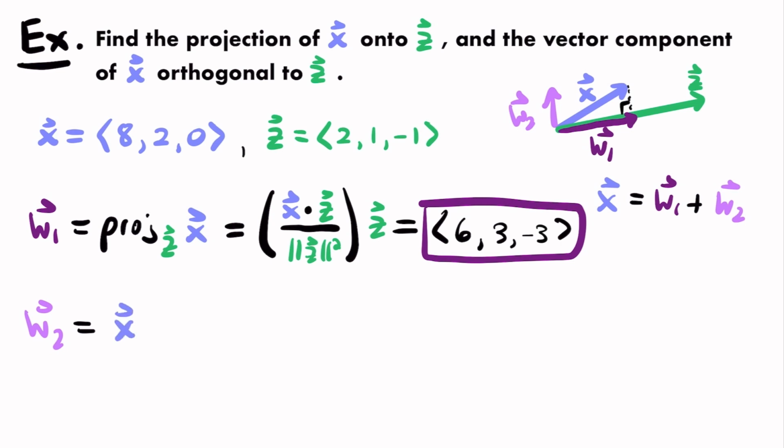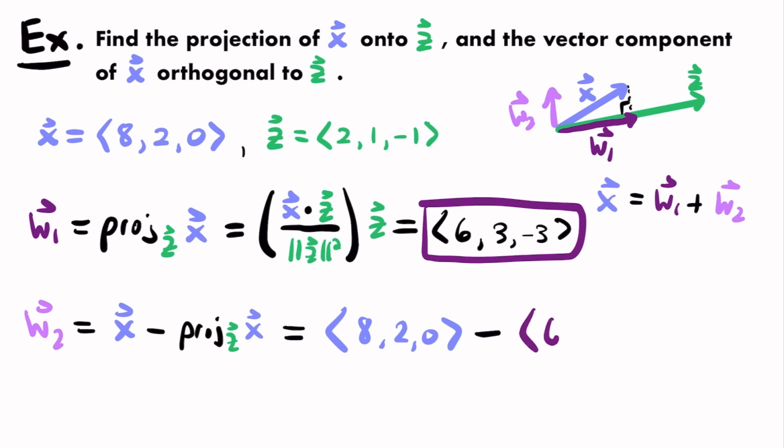So we'll have vector x minus vector w1, or I'm just going to rewrite that to be our projection vector, which is the projection of vector x onto vector z. Okay, so here's what we'll have. This will be equal to vector x, which is the position vector of the point 8, 2, 0, and we'll be subtracting our projection vector, which we just found, and that is the vector 6, 3, negative 3.